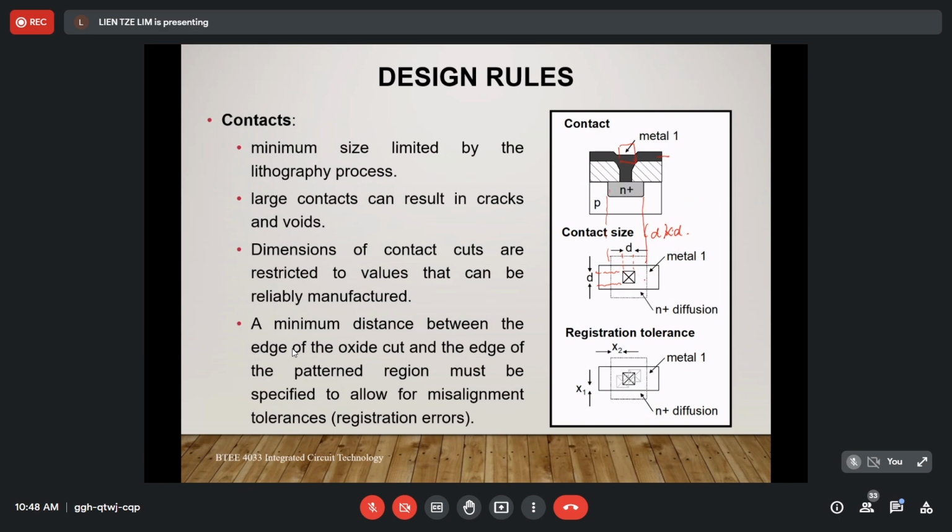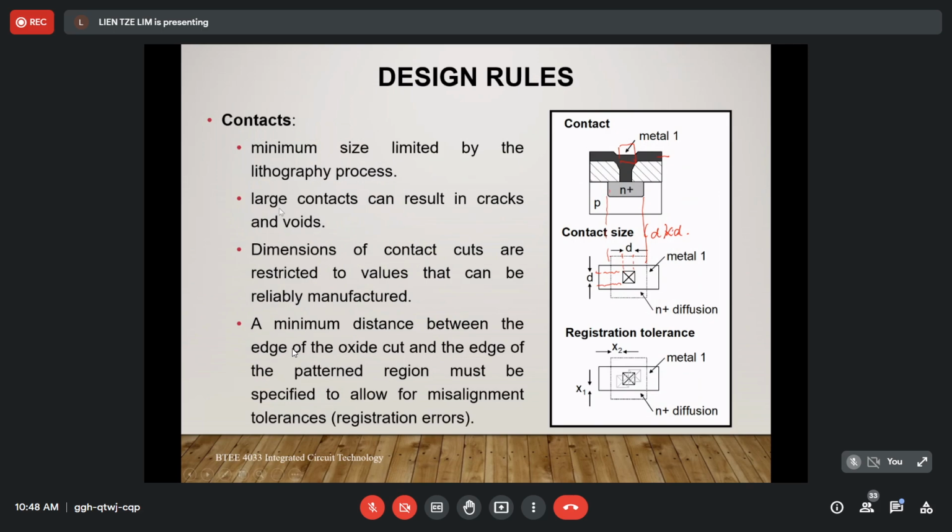The statement given here for the design rules of contact: the minimum size is limited by the lithography process. So again, for the contact, the minimum size is limited by the lithography process. How this contact is formed on the metal layers is based on the use of the masks in the lithography process. The masks must have a certain pattern or certain size to form the size of the contact and fabricate it on the substrate.